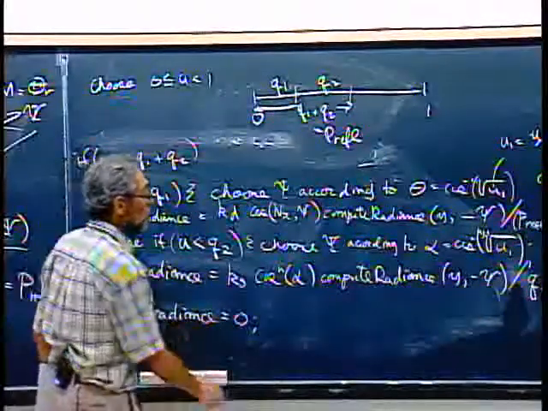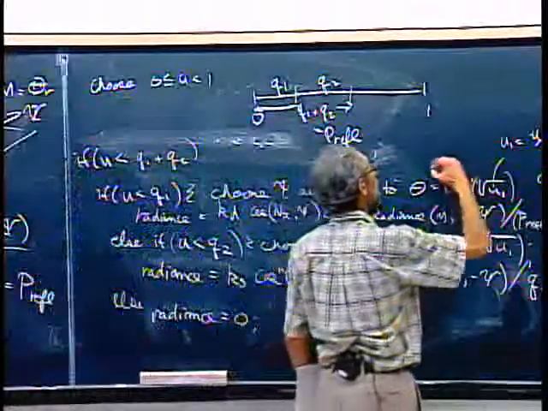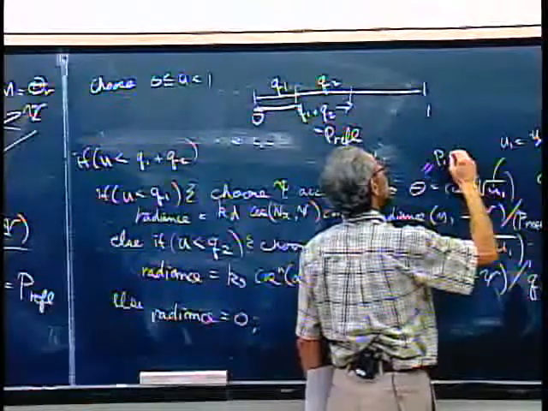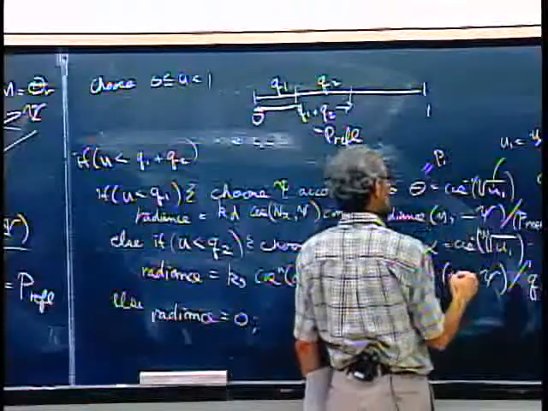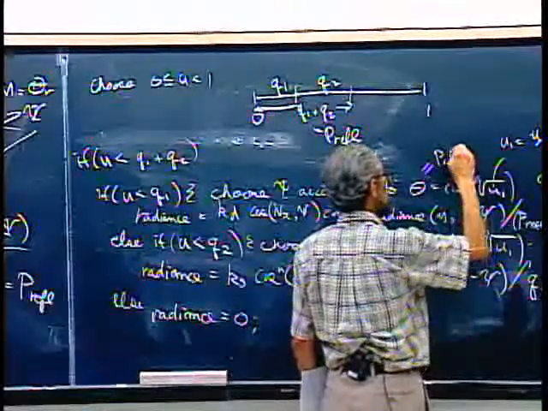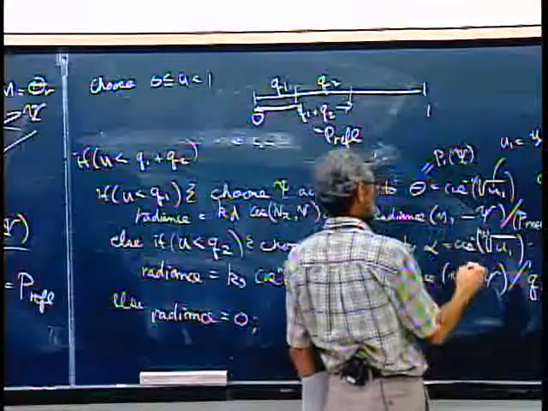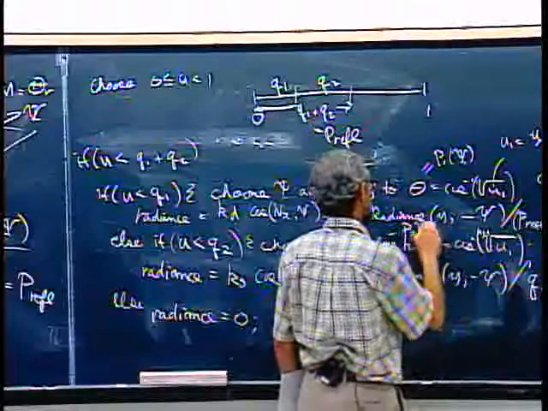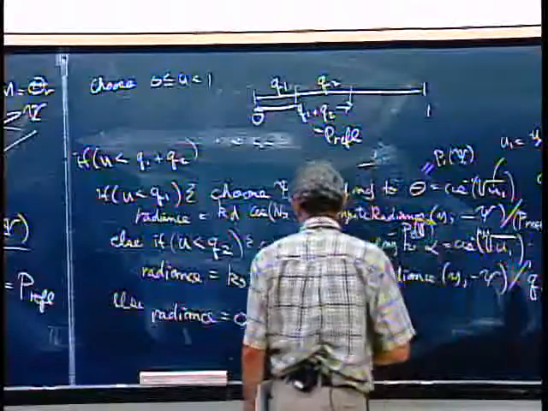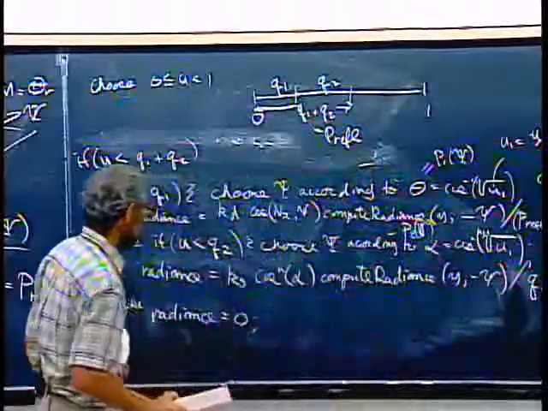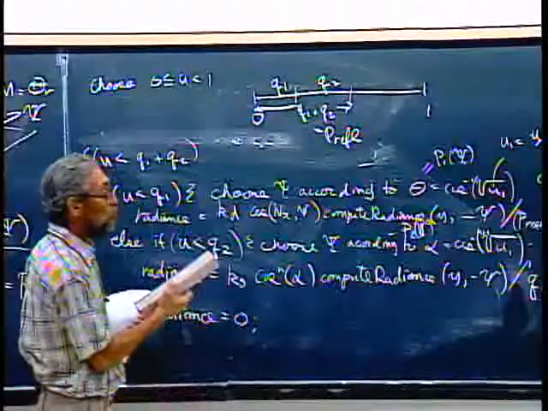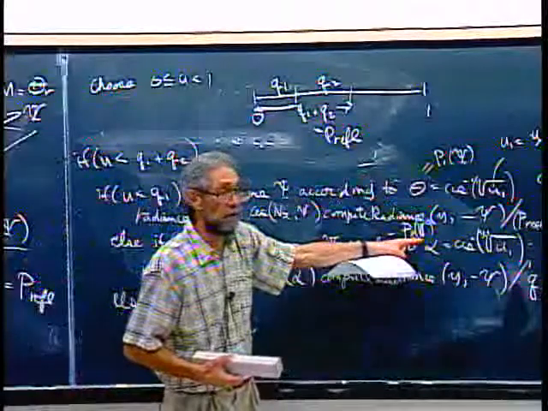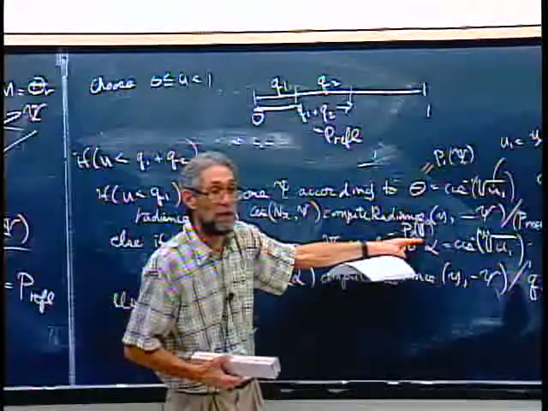So actually, if we call the probability distribution here P1 of psi, and this other distribution P2 of psi, then a fraction Q1 of the time you're going to choose to use this one, and a fraction Q2 of the time you're going to choose to use that one.